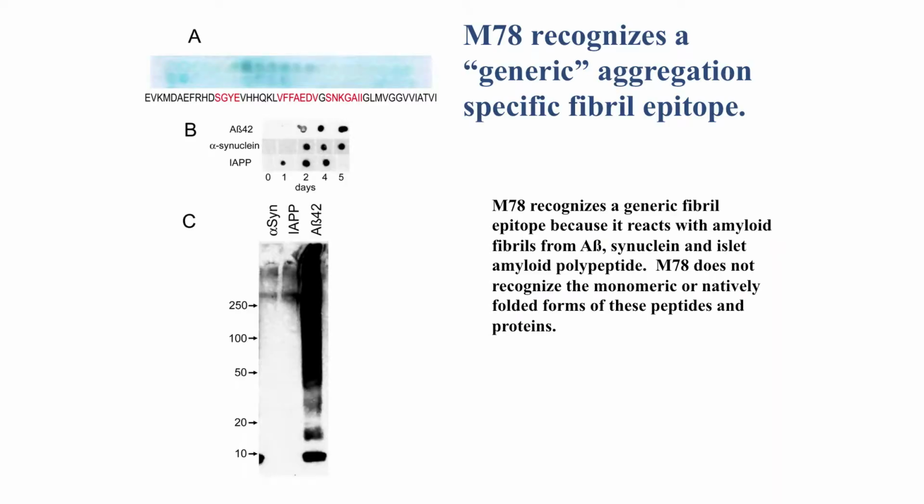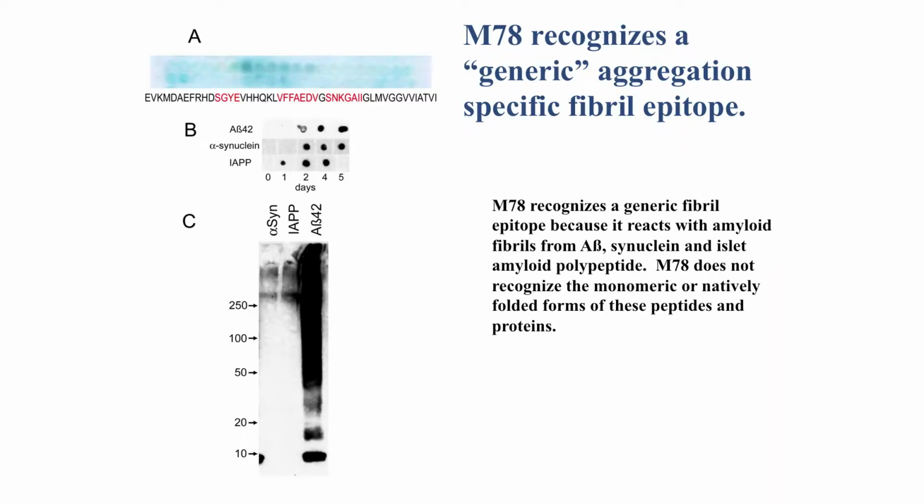It's based on the fact that antibodies can detect these pathologically misfolded states because they are specific for aggregation, and they don't recognize the native protein or the monomeric protein. They only recognize the protein after it has aggregated and become insoluble.